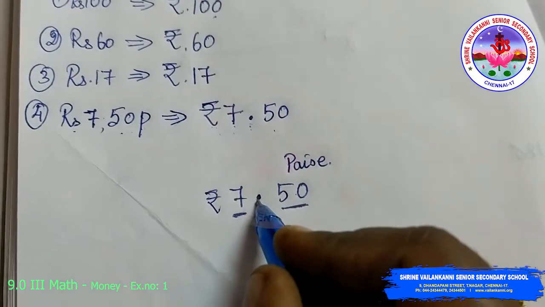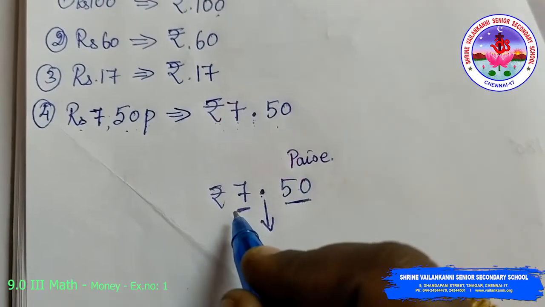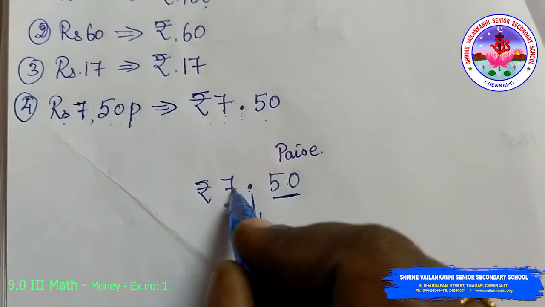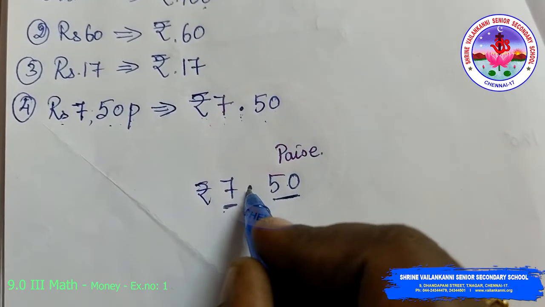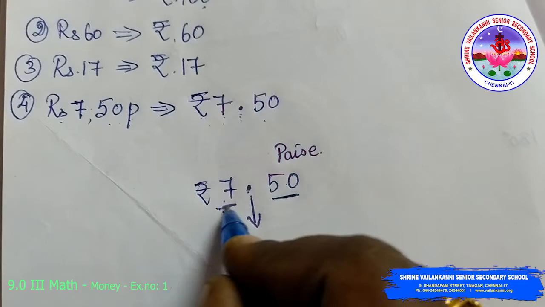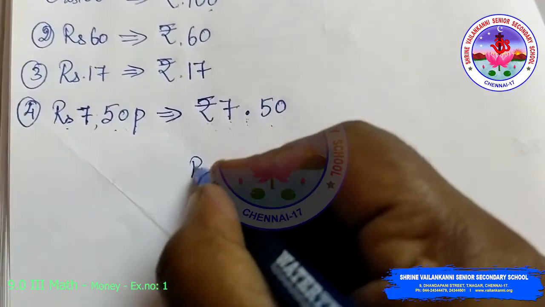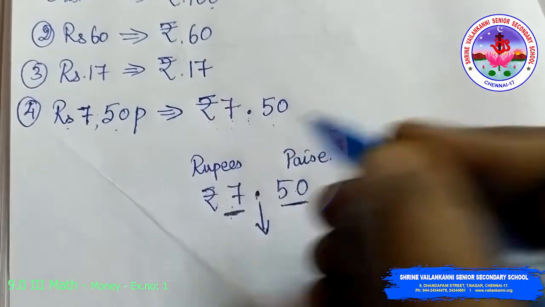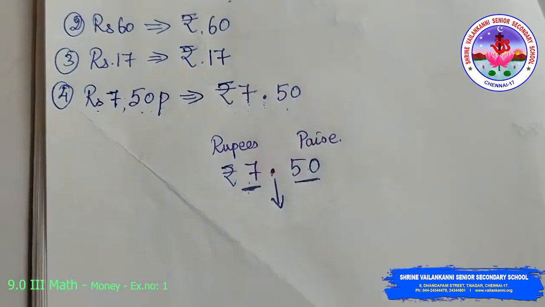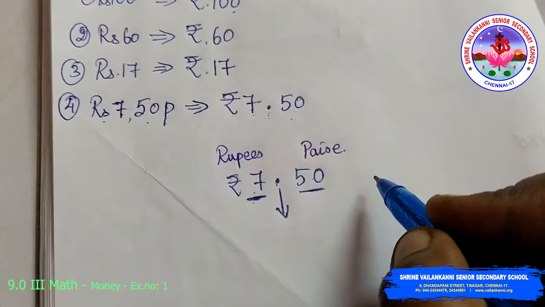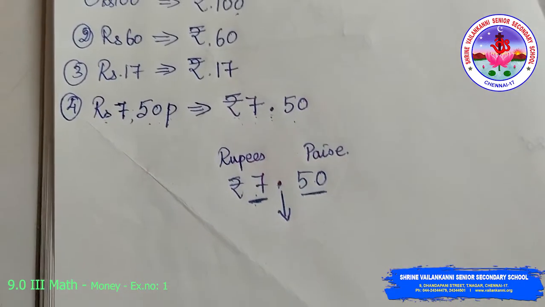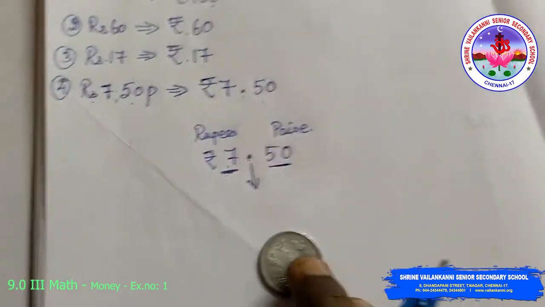Now the number to the left of the dot always shows the rupees. Now for example, I'll show you one more.